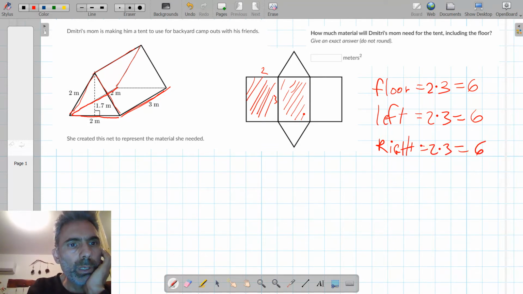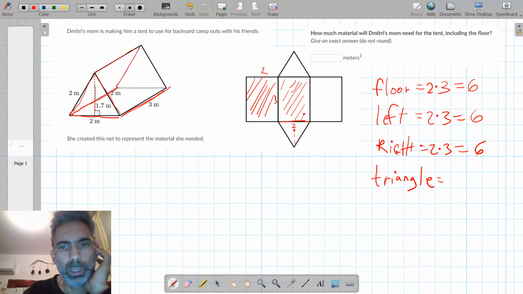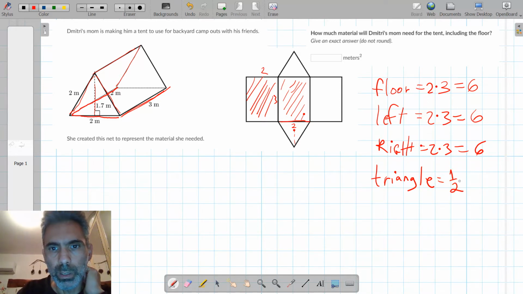Also 6. And each triangle has a base of 2 and the height is 1.7. So the triangle at the front has an area of 1/2 times 2 times 1.7. 1/2 times 2 is 1, 1 times 1.7 is 1.7.